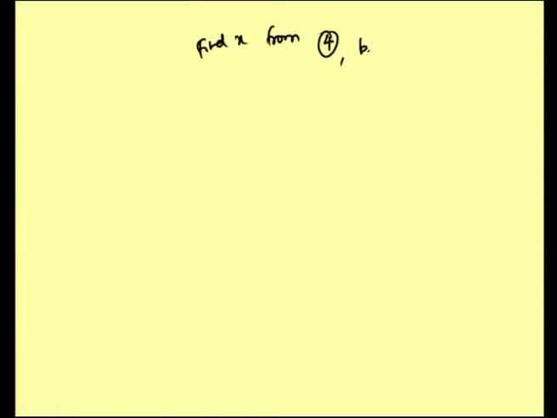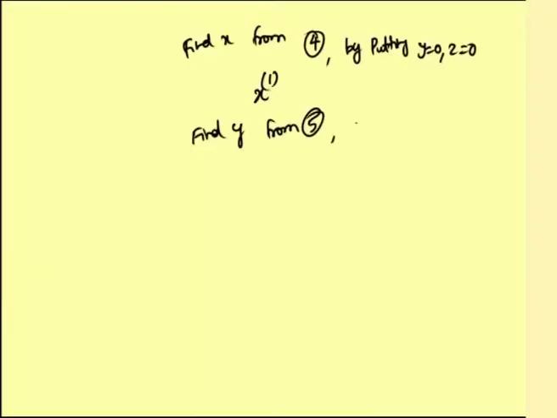Find x from equation 4 by putting y is equal to 0 and z is equal to 0. So, we get the first iteration value x1. Then for finding y, we have to substitute the values of x and z, so x1 and z is equal to 0 are substituted.